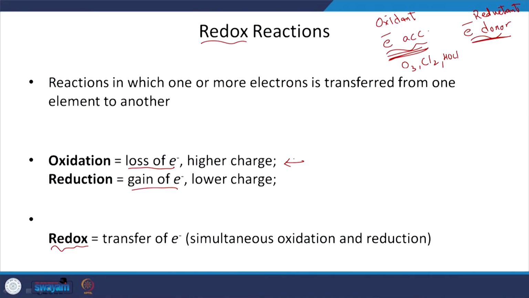Oxygen is taking the electron from the organic matter and it's being reduced, let's say. Again, let's not go there. If you are confused, you can just look at it twice. But in general, if I gain an electron, it has a negative charge. So the charge on that particular element will decrease. So reduction in the charge. Maybe that's the way you can try to understand it, right?